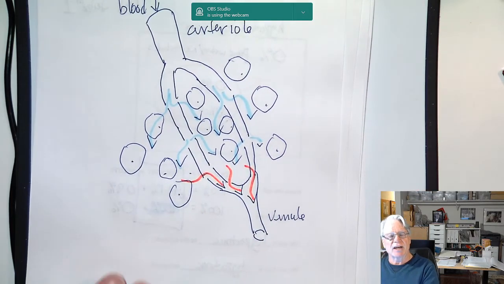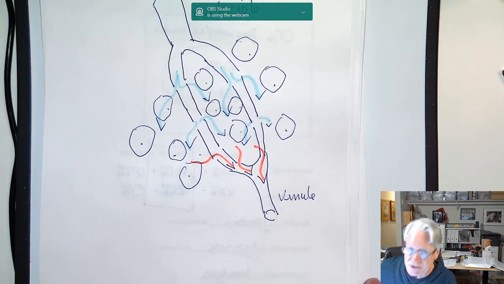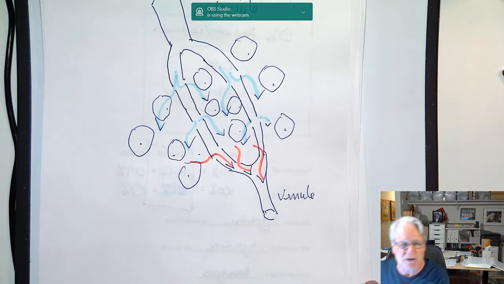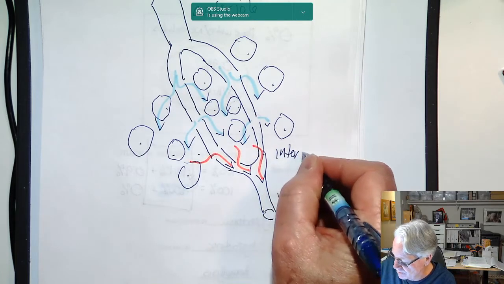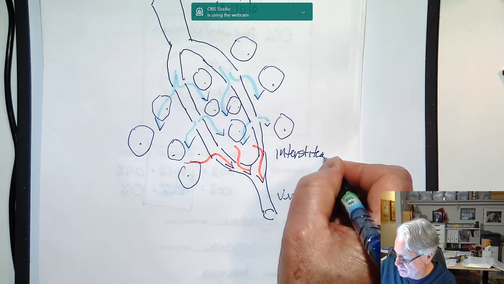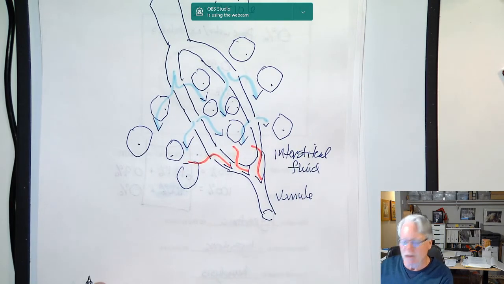Okay? So that's the basic design of your body. So these capillary beds are the place where we exchange materials between the interstitial fluid and the blood plasma.